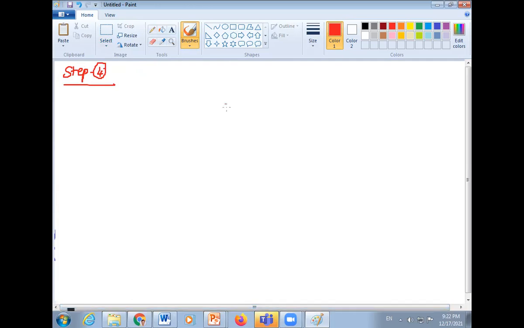Transfer function we are calculating here. To find the transfer function, let me write here, transfer function.